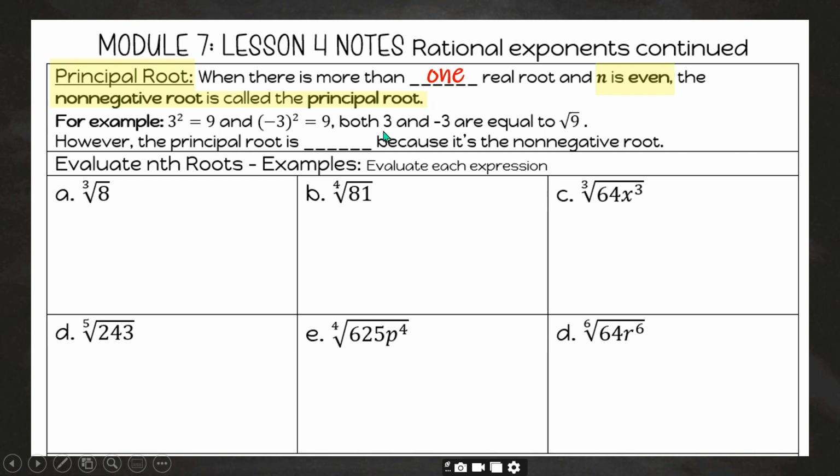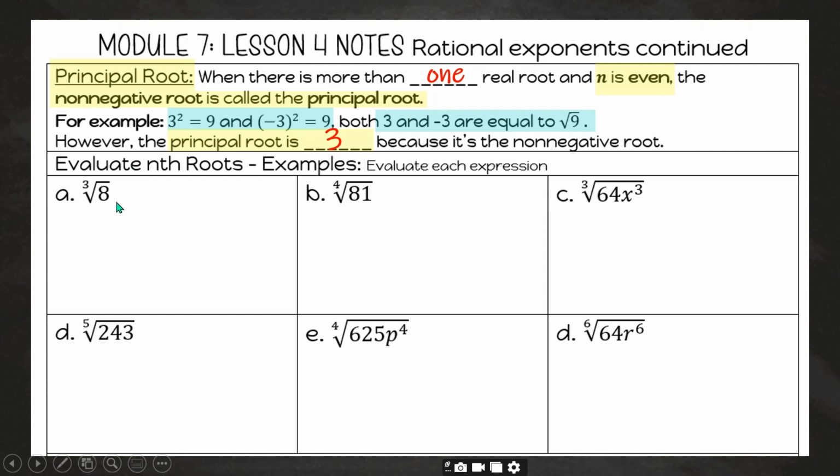So both 3 and negative 3 are square roots of 9. However, the principal root, that is 3, because that is the non-negative root. So yes, the square root of 9 could be negative 3. However, the principal root of 9 is 3.